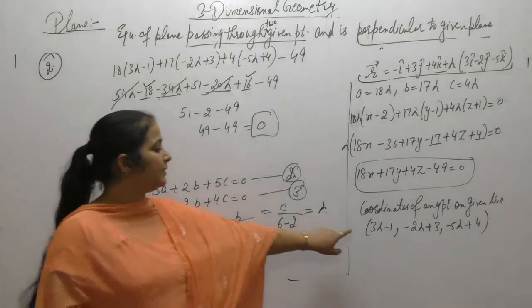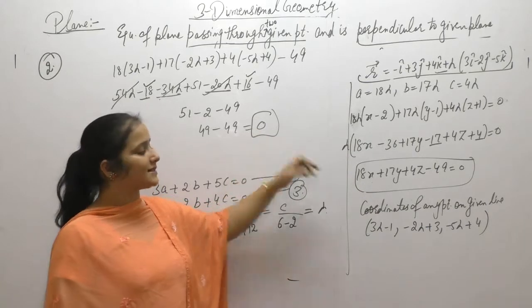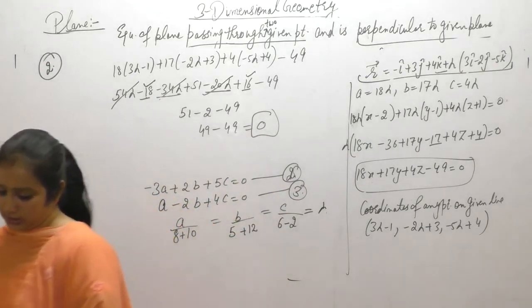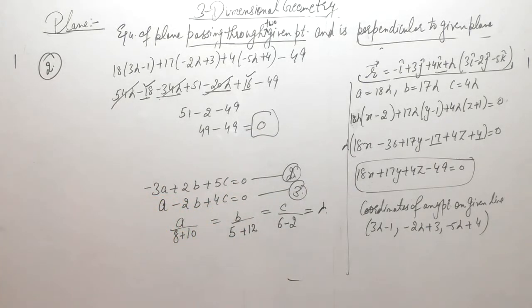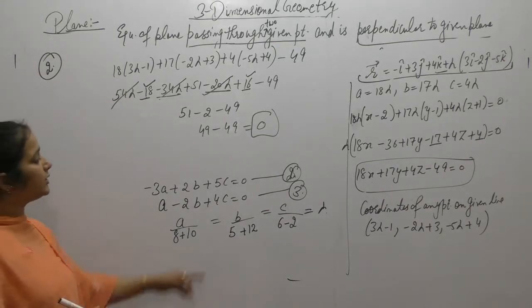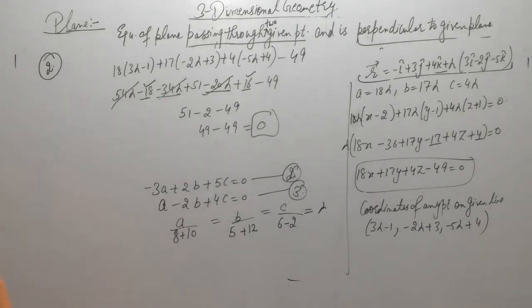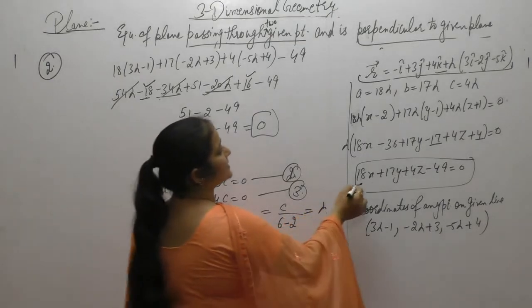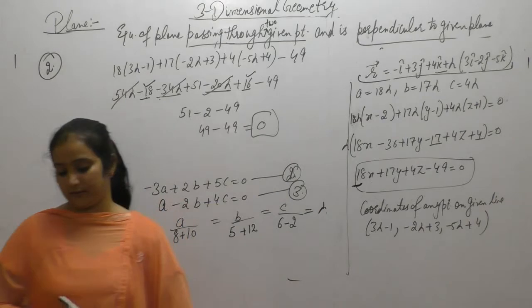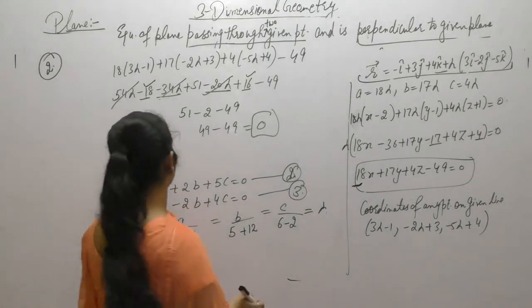So अगर हम ये coordinates इस कार्टेशियन फॉर्म में पुट करते हैं, then it satisfies the given equation. Therefore, these coordinates lie on the given plane. Hence, this plane contains the given line. तो इस plane में ये line होगी.